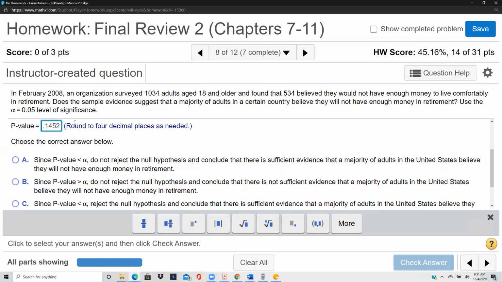We compare the p-value to this 0.05, alpha. So when do we reject? We reject when p is less than alpha.